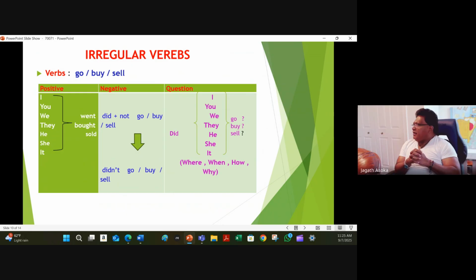So no, explain that again. So it changes where I say, I did not go. That's the base form. I did not buy. I did not sell. So then you say, did you go? So it doesn't change, right? It is also in the base form, right? Base form. Yeah.